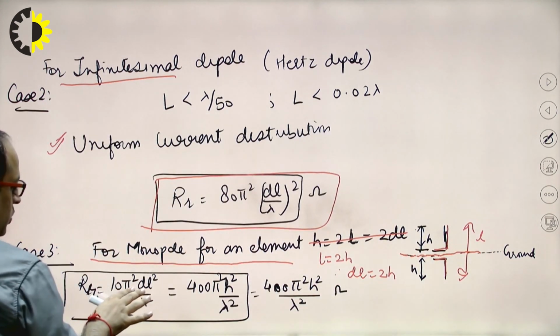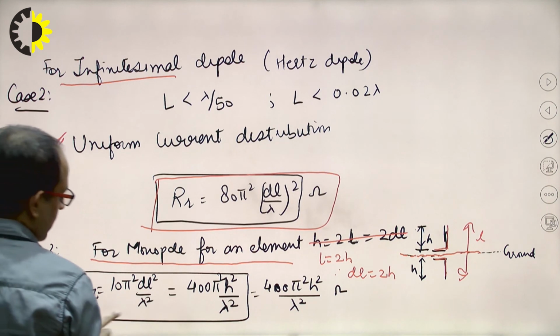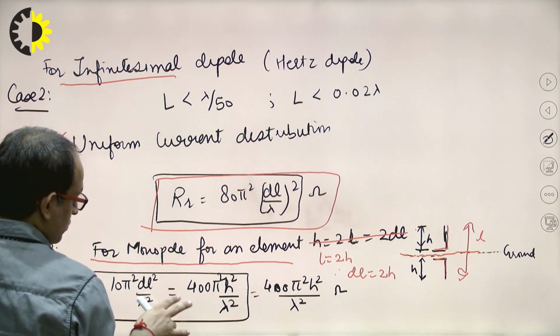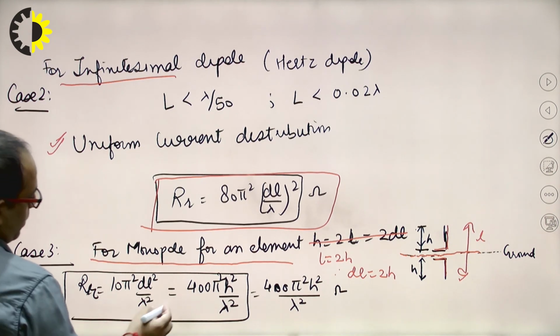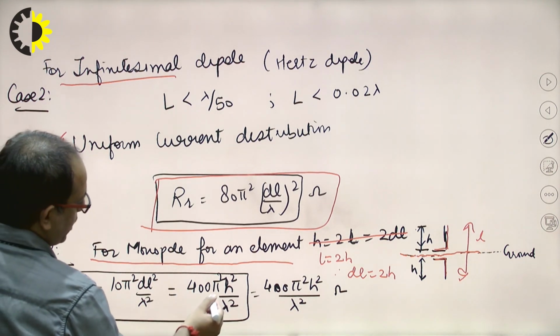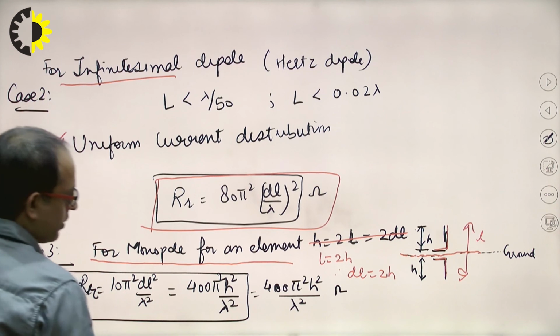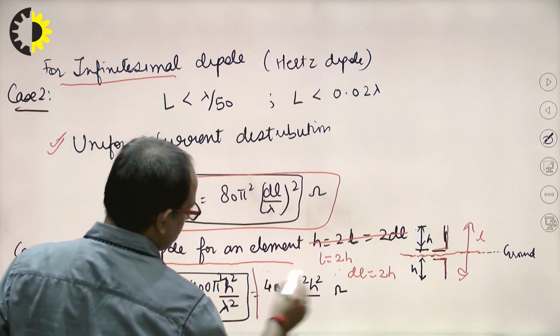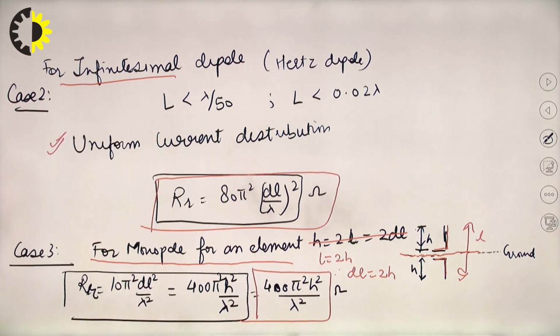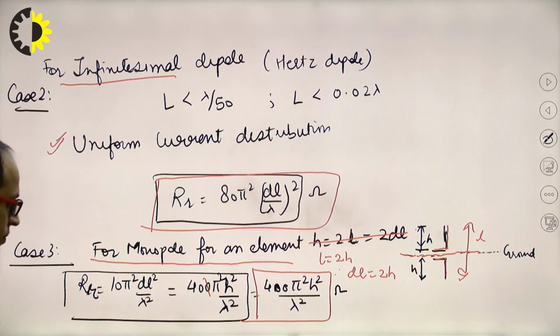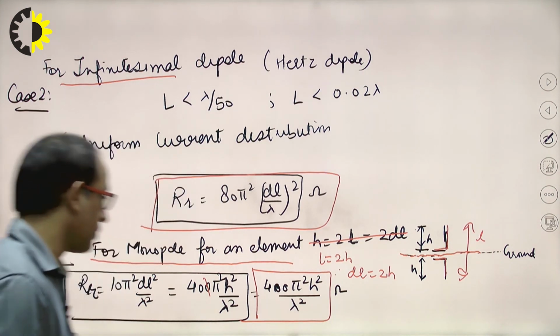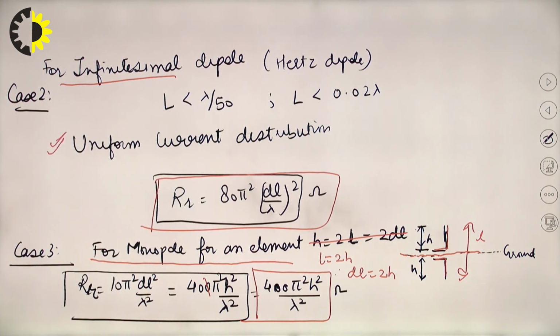On putting L equal to 2h, you will get 400 pi square h square by lambda square, that will be equal to this one. Clear? 400 means that will be equal to 40.